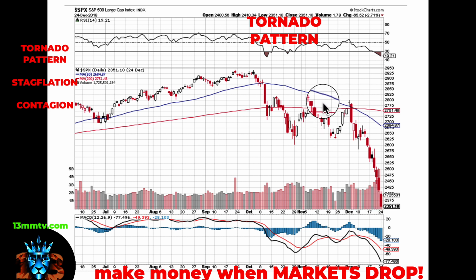So the tornado pattern composition and structure: something looks like it's going to the moon forever and ever. Then early signs of deterioration begin. The market is going to try to bounce once, twice, three times. Notably, this is the most simple classic example of a tornado pattern. Notice the third time it bounces, it doesn't quite come up to the level.